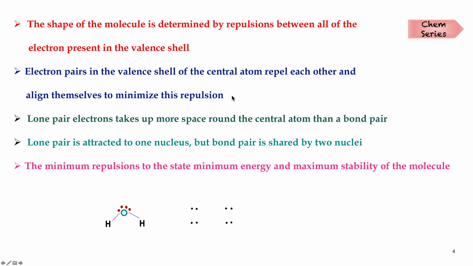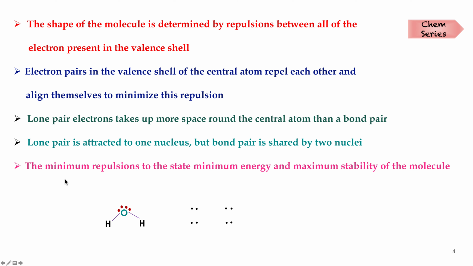On alignment, they will form a shape or a geometry. The lone pair electrons take up more space around the central atom than the bond pair, and the lone pair is attracted to only one nucleus, whereas the bond pair is shared by two nuclei.